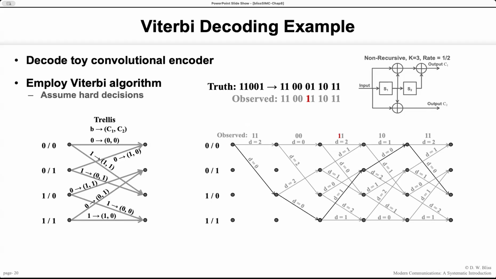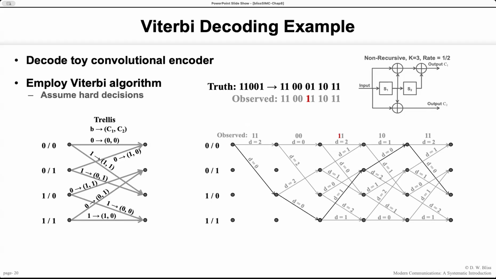Remember, we should have seen a 0, 0. The true output was a 0, 1, but the corrupted output, the one we were testing, is 1, 1. So we see a Hamming distance of 1, and so forth. We go all the way down. Maybe the interesting one is at this point, we should have been in the state 1, 1, transitioning up to state 0, 1.